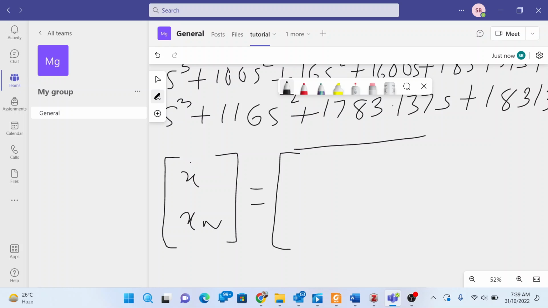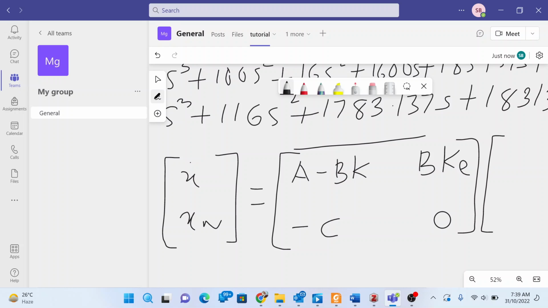So it's now equal to A minus BK. Then this one is minus C. Then BKE. Then 0 here. So with this obtained, this is X and this is Xn. So this is our integral controller equation.